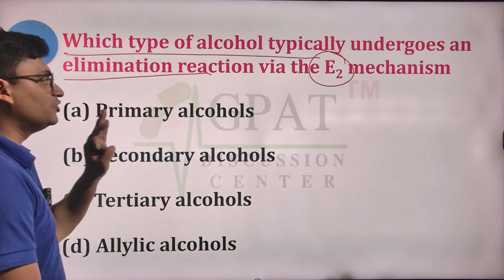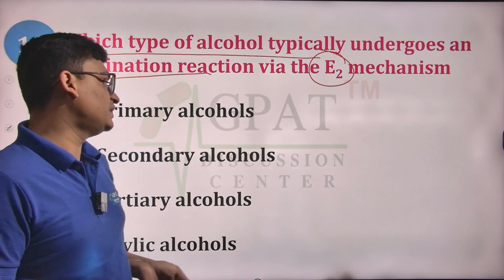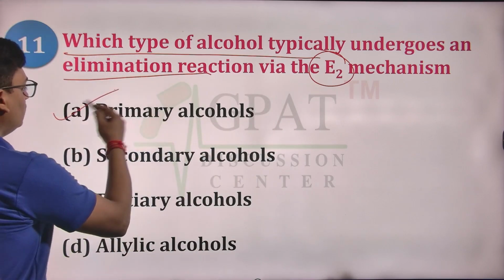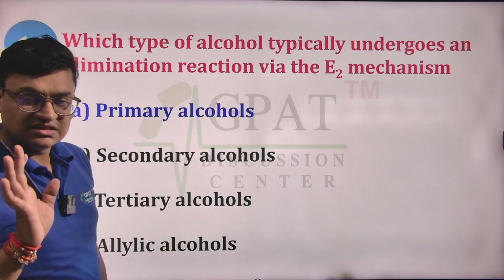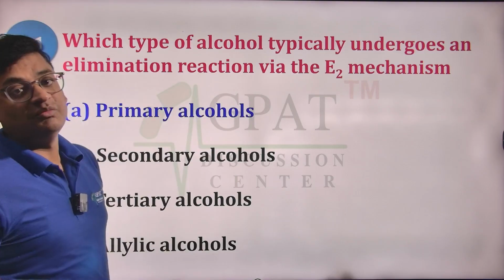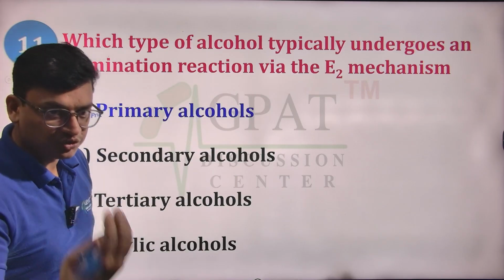So for the case of E2 we will be looking for the less substituted alcohol, that is a primary alcohol. For the E1 we must be looking for a more substituted alcohol, meaning we must get a more stable carbocation.